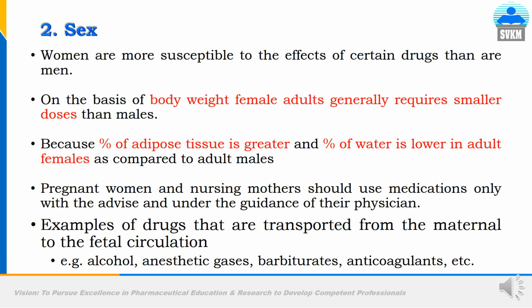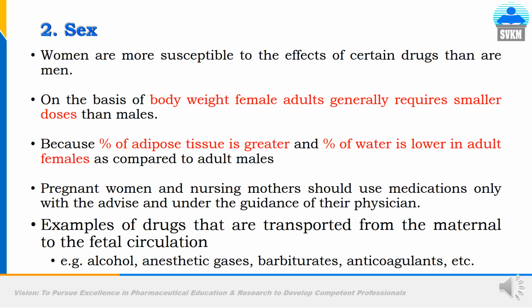And we know that generally pregnant women and nursing mothers should use medication only with the advice and under the guidance of their physician. Why does this happen? Because some drugs like alcohol, anesthetic gases, barbiturates, anticoagulants are a few examples.